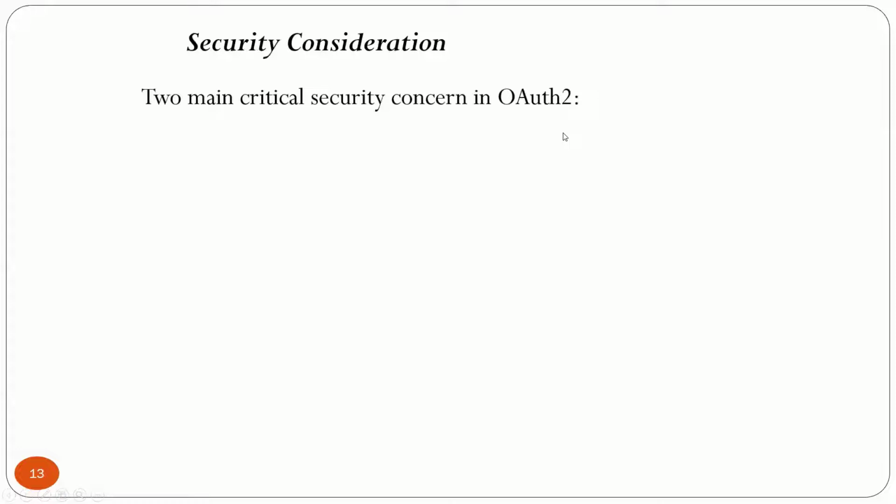Now, I just list here some tricks and security considerations that we might have in OAuth2. Okay, first of all, to avoid cross-site request forgery attacks.